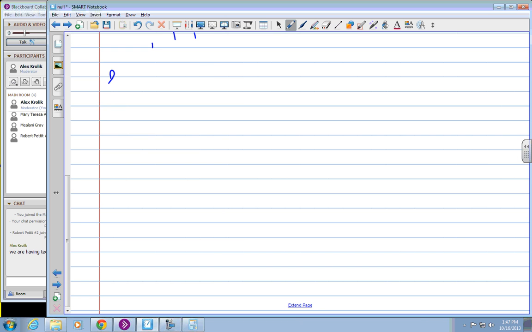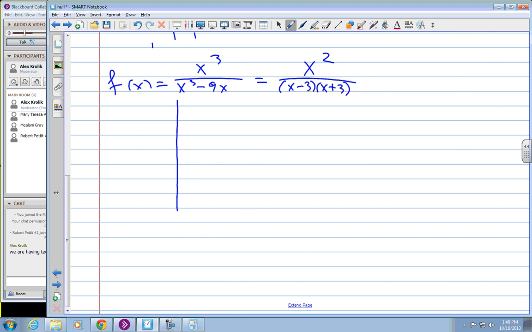So when we looked at this function, x cubed over x cubed minus 9x, we were able to reduce it to this. So the vertical asymptotes are only positive or negative 3. 0 is still not in the domain of this function, but it's not a vertical asymptote.